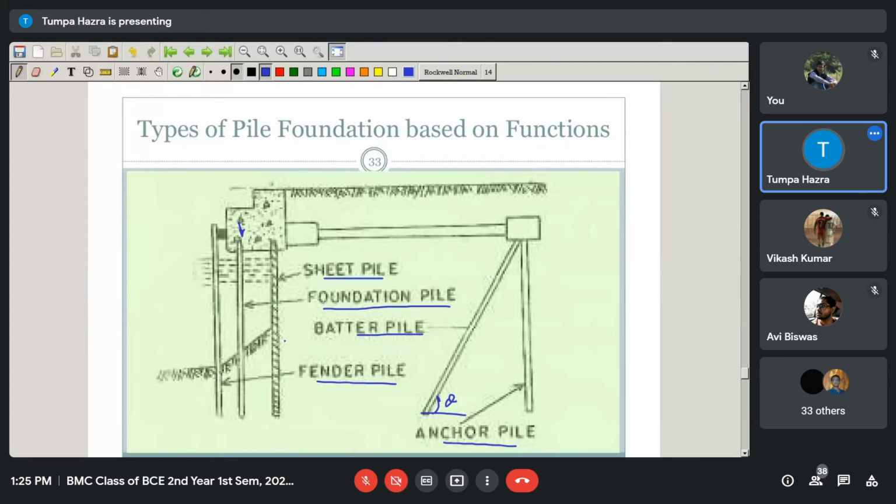Also, it will give protection against the undermining action of flood water, as well as burrowing animals like rats, moles, etc.